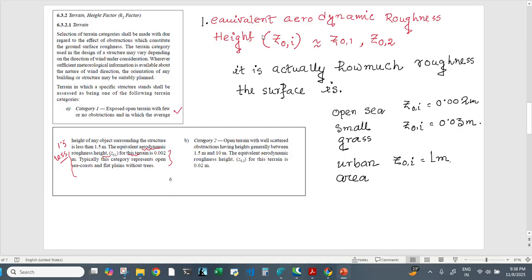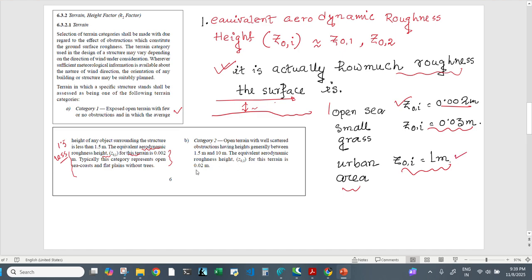What is the meaning of aerodynamic roughness? It is how the surface is. Suppose this is the surface and wind is flowing over it; the surface roughness affects the wind velocity. Various codes have specified different values of roughness coefficient. For open sea, we take 0.002, for small grass 0.001, and for urban areas 0.1 meter.